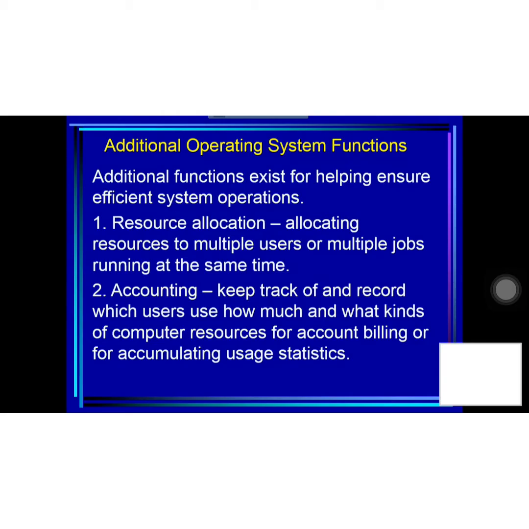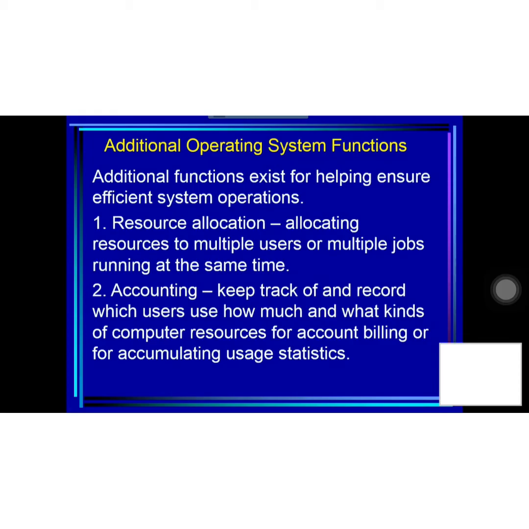The operating system manages many different types of resources, such as CPU cycles, main memory, and file storage. Some may have special allocation code, whereas others may have much more general request and release code.